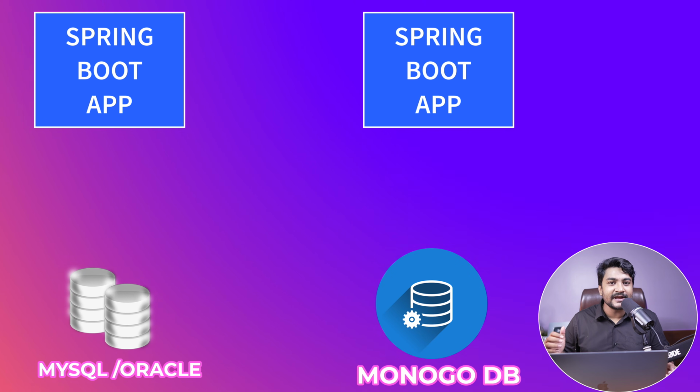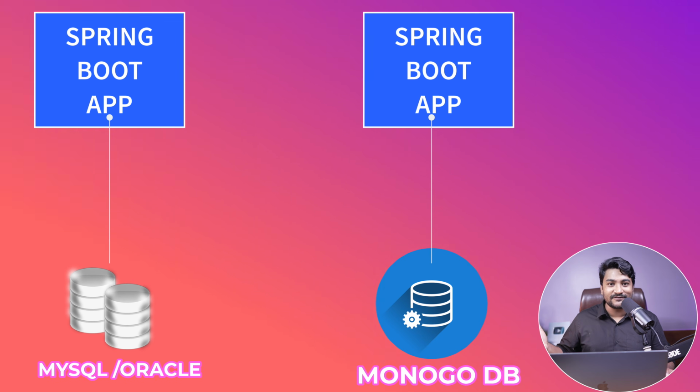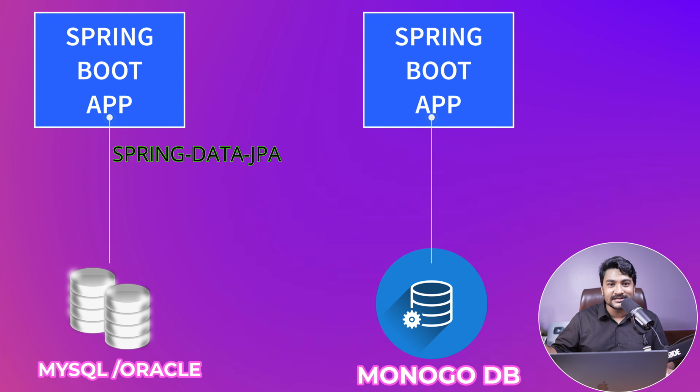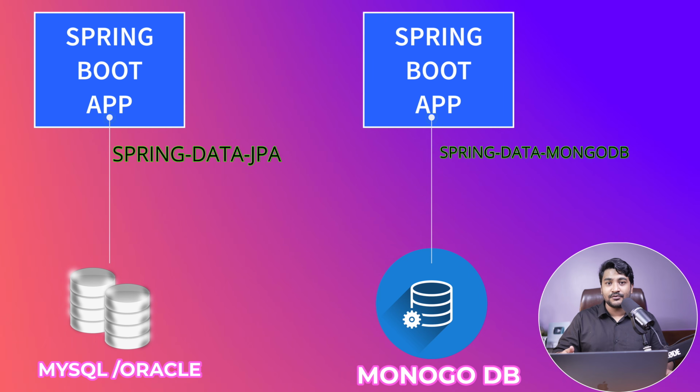And trust me, the Spring Data module will help you connect to either of these databases. To connect to a SQL database like MySQL, you need to use the Spring Data JPA dependency. Or maybe you need to connect to MongoDB, which is a NoSQL database. You need to use the Spring Data Mongo dependency. So you have a lot to explore in the Spring Data module as well.